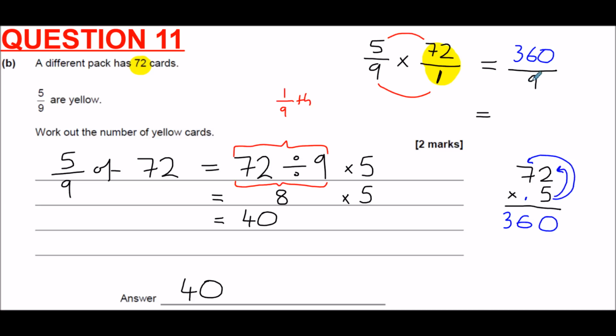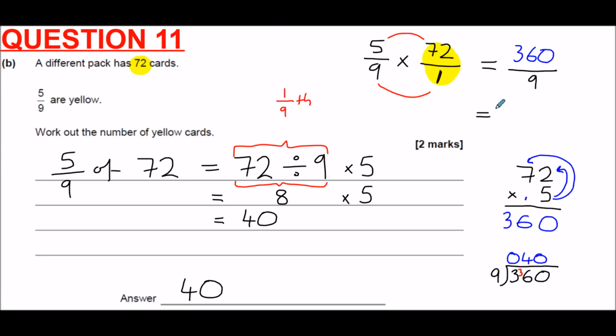And finally, if we do 360 divided by 9, well, 9 into 3 won't go, and so that 3 is still left over. When 9's into 36, we can fit 4. And finally, 9's into 0 doesn't go at all.